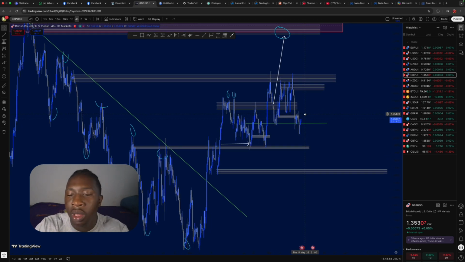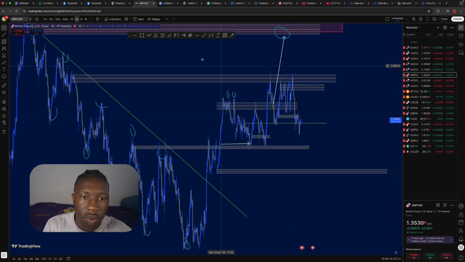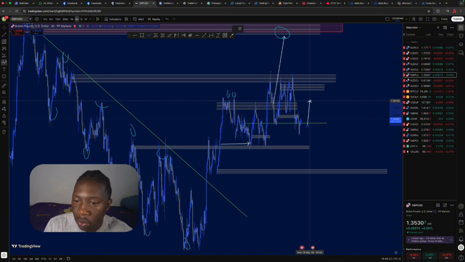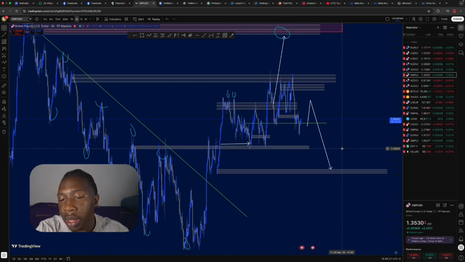But yesterday we said we are looking for a move to the upper side, and then we'll decide whether we are going to take a trade direct from that lower high pullback to the downside to reach this zone. So we said we are looking for a move like this, and then we'll take the market to reach this area. This was my analysis yesterday, and today I am supporting that analysis.